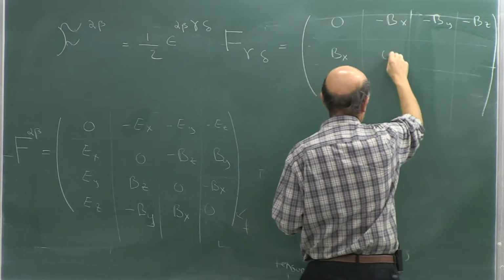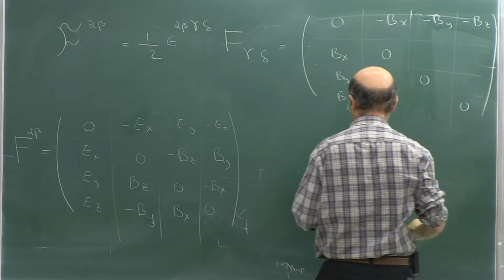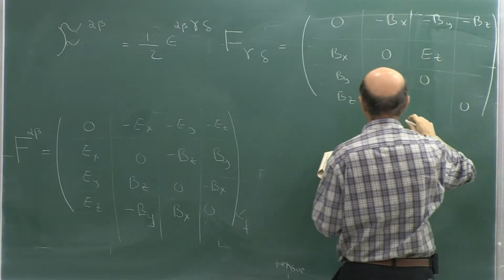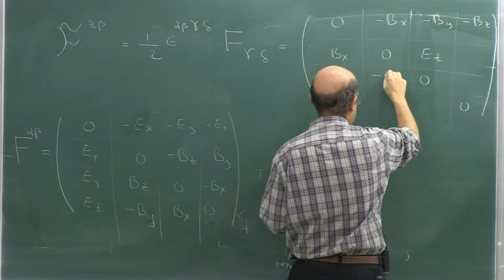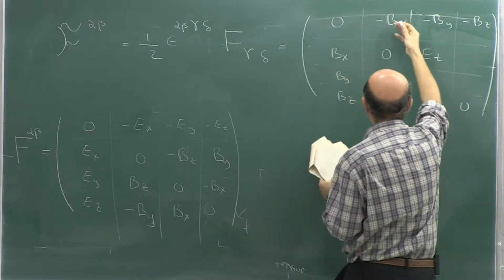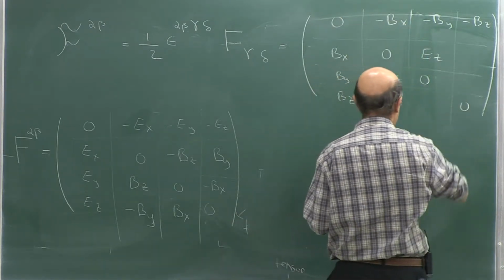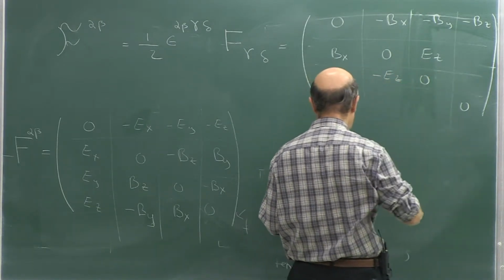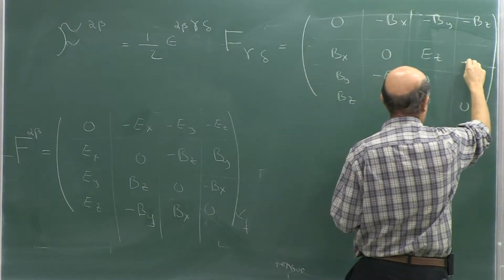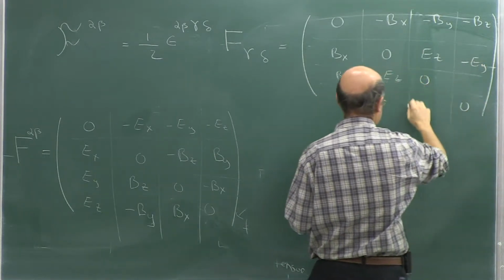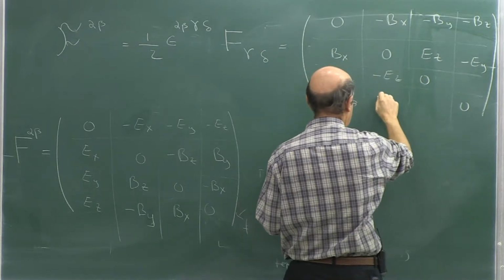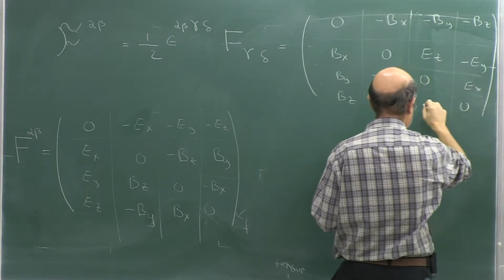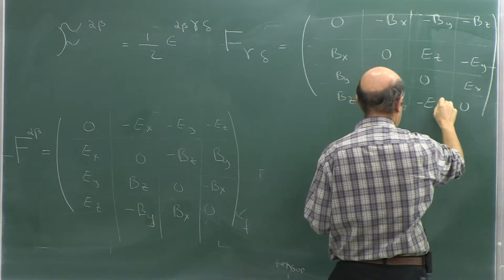Diagonals are 0 and this is Ez. It is an anti-symmetric matrix, so along the diagonal you have to reflect the signs and put the appropriate reflections. So Ez goes to minus Ez and minus Ey reflects to plus Ey, and here you have Ex and here you have minus Ex.